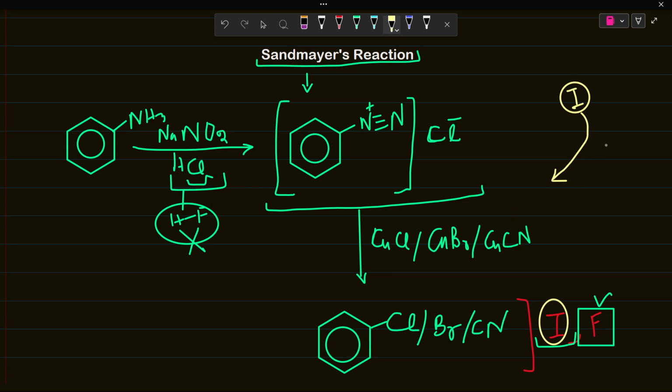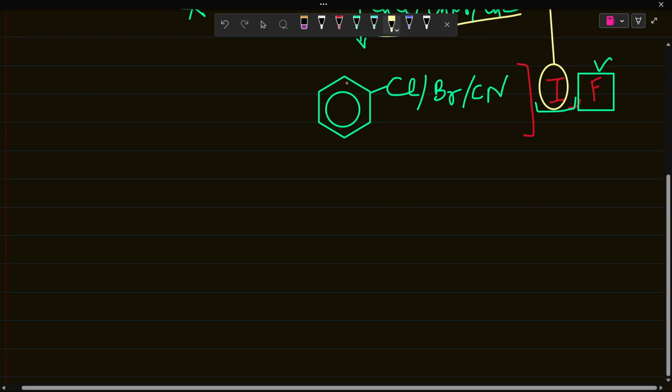It will be following a different path. That's why we don't use this path for this molecule, because it has very high nucleophilicity, as a result of which it won't be following this path.